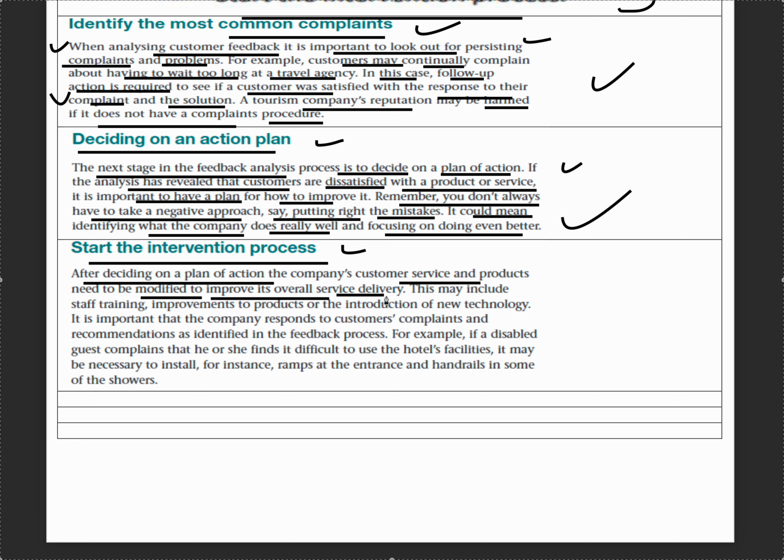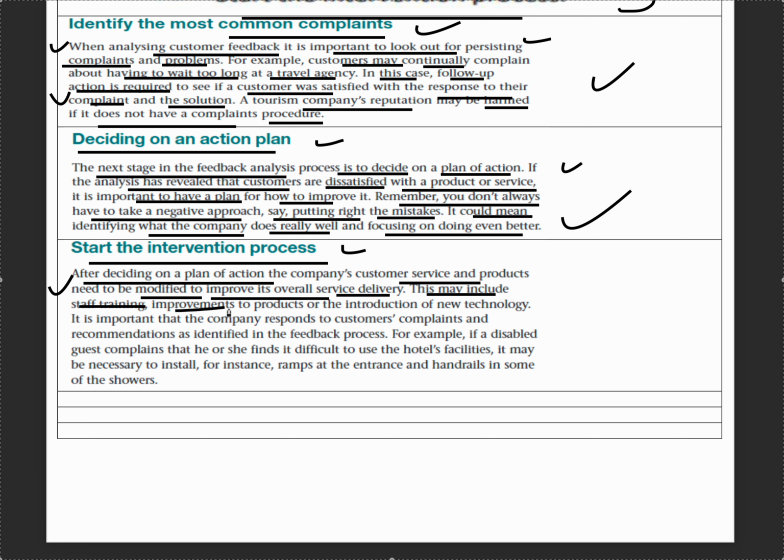If they are saying the service was slow, now the service has to be improved and be better. This may include staff training. If your staff is slow, you train them on the importance of being quick in the business and the importance of avoiding delays. So you try to improve on the aspects that were indicated.